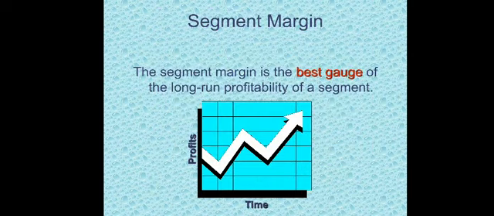So the segment margin is the best measure of long run profitability of a segment. It means that if you have a business, it is very important to prepare a segmental reporting for your business, because the segmental reporting or income statement for segments of business will show the performance of every segment in the business.